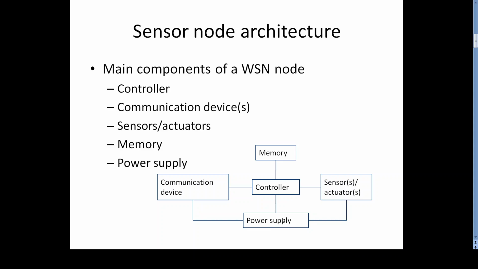Sometimes it is also possible to recharge the batteries using an energy scavenging technique. That means we can use solar energy to recharge the batteries. So these are the main components of a wireless sensor network node. In a single node, these components are essential.